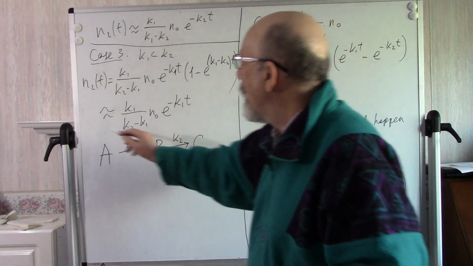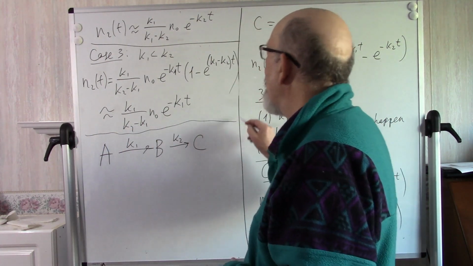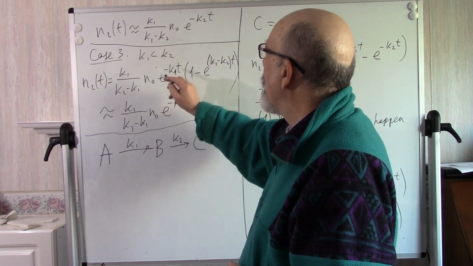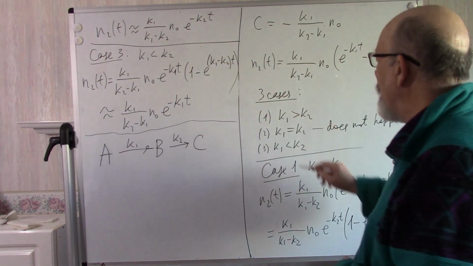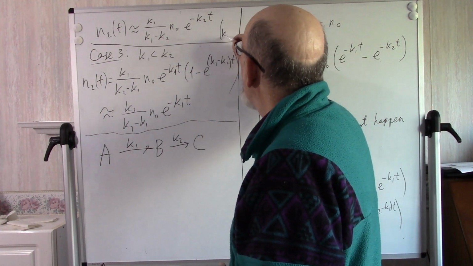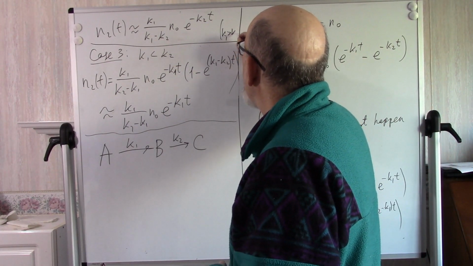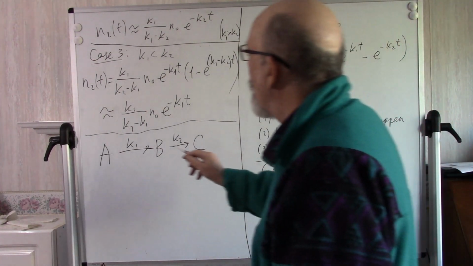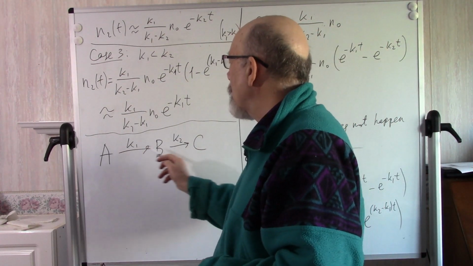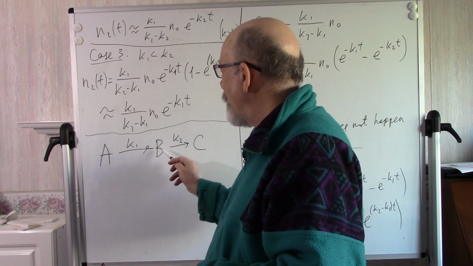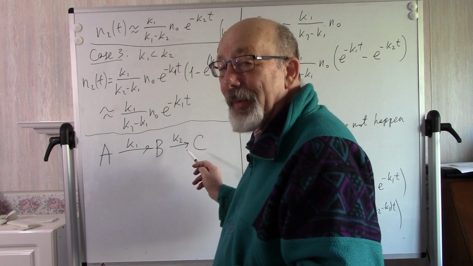If K1 is more than K2, then A goes to B fast, and then B goes to C slowly.